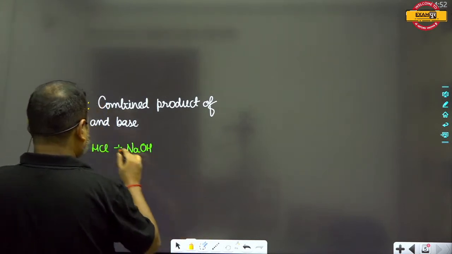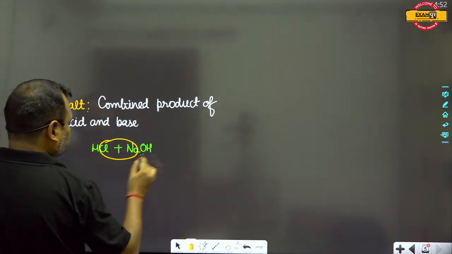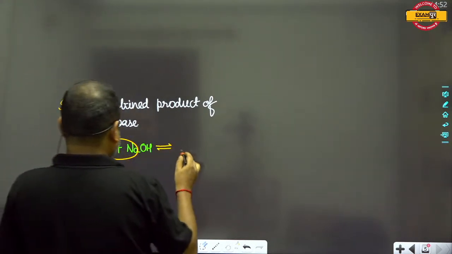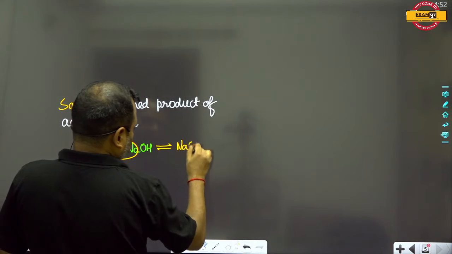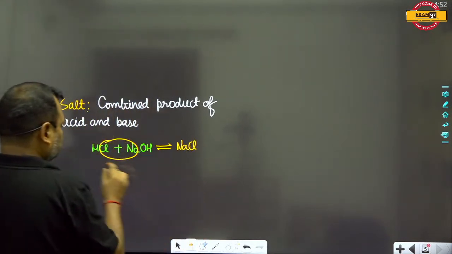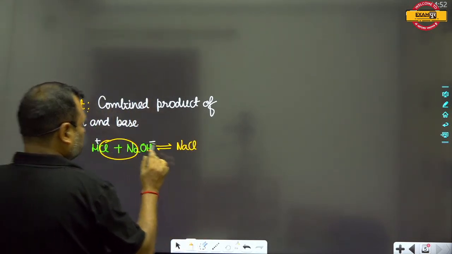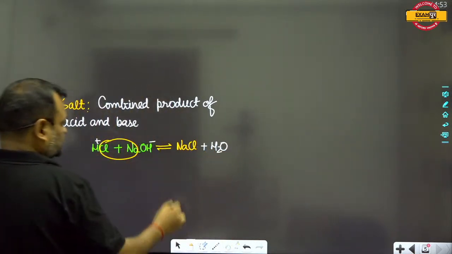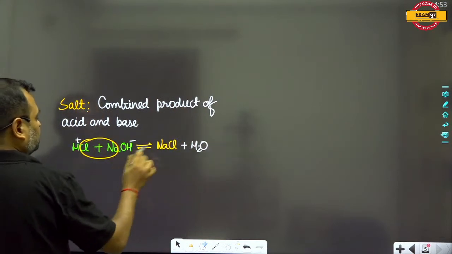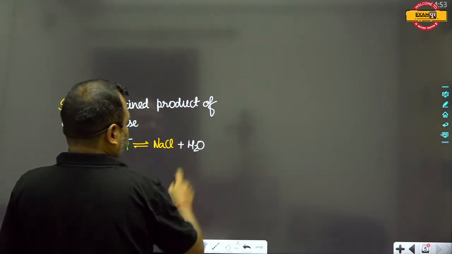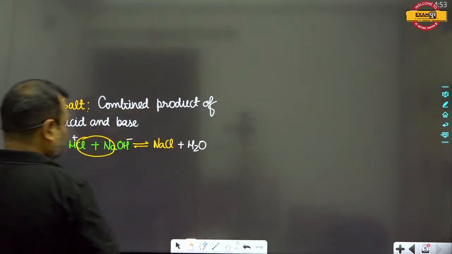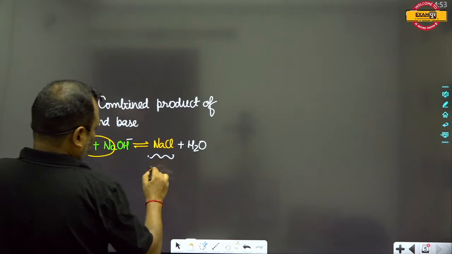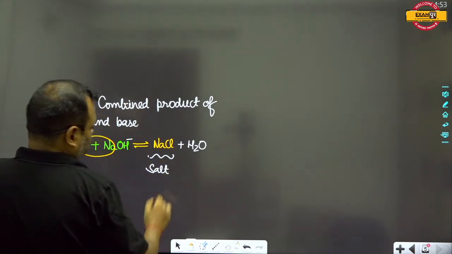These two parts get combined, and these two parts result in NaCl. NaCl is a salt, and the remaining H plus and OH minus produce H2O. So in this way, you can see that salt is the product of acid and base. This is NaCl, and this is salt.